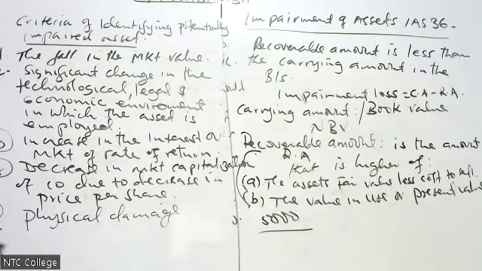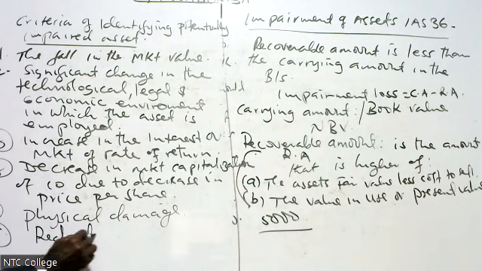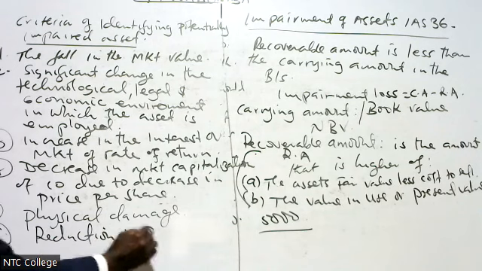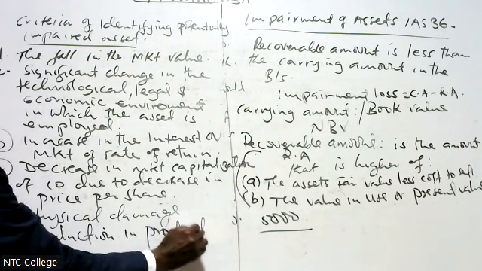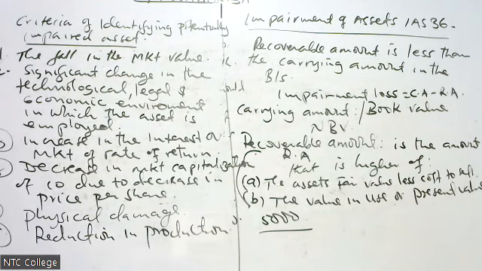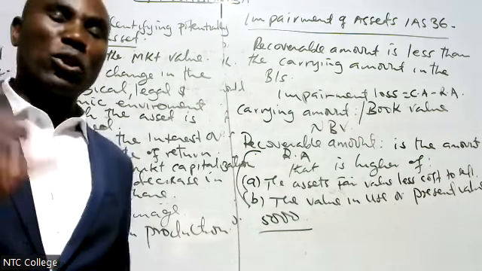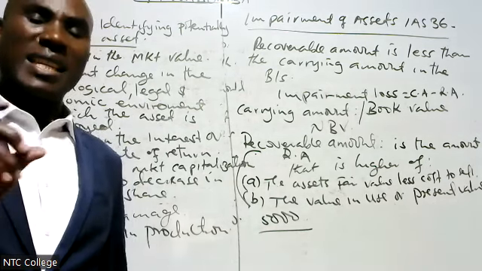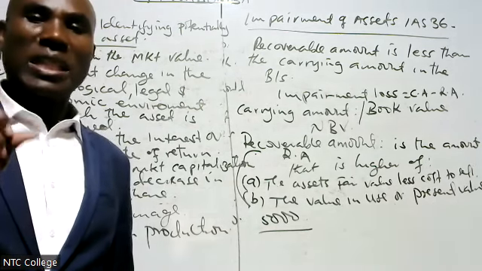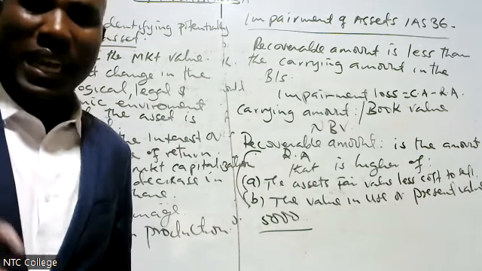Then number 6 is reduction in production. For example, in your company, using your machine, you are producing 1,000 units in a day.